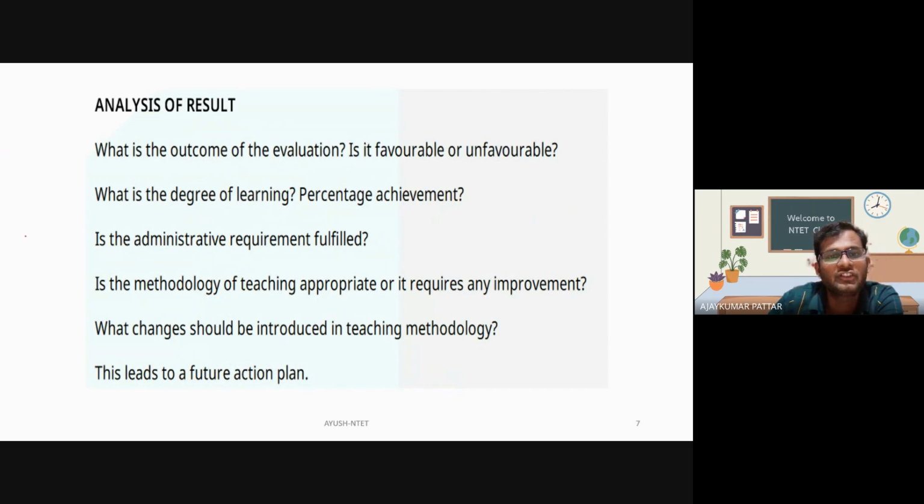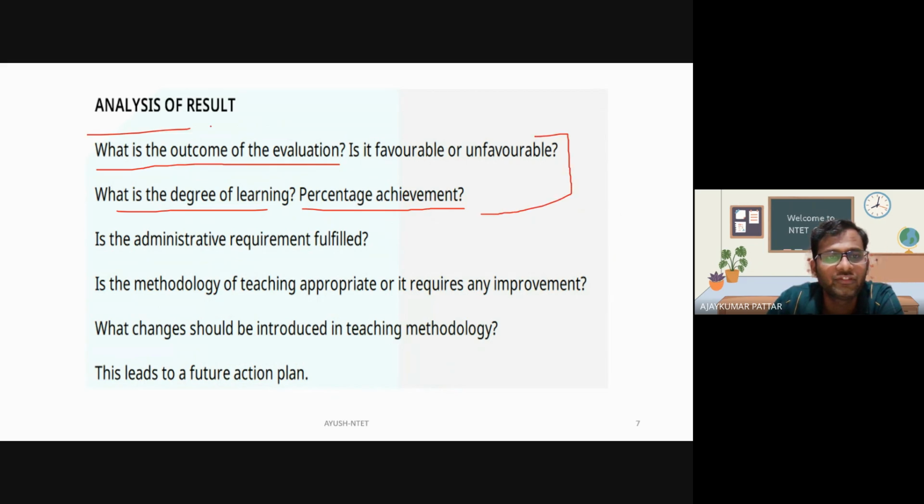Then after the evaluation, the analysis of result. What is the outcome of the evaluation? Is it favorable or unfavorable? What is the degree of learning, the percentage of achievement? The answer will be available after the evaluation.